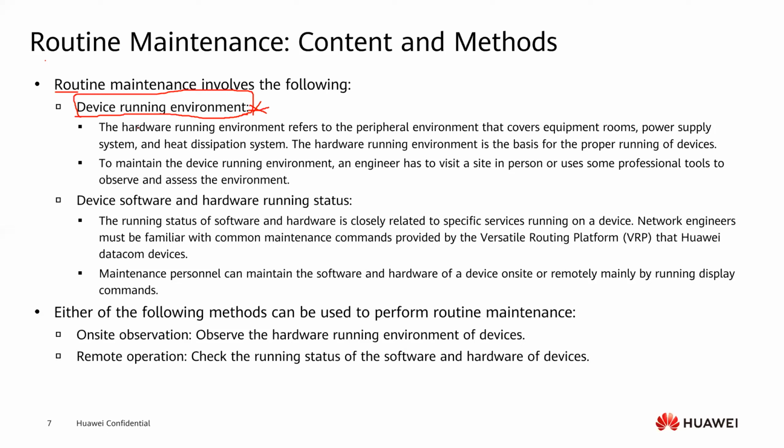It contains the hardware running environment: the equipment room, the power supply system, and the heat dissipation system. So the hardware running environment is the basis of the proper running of the device.